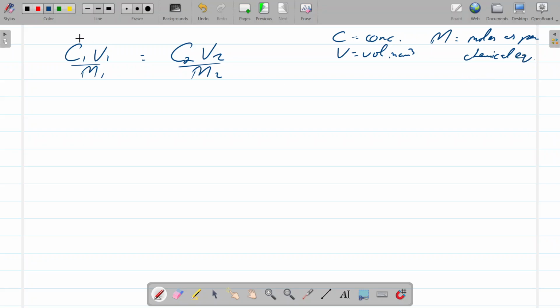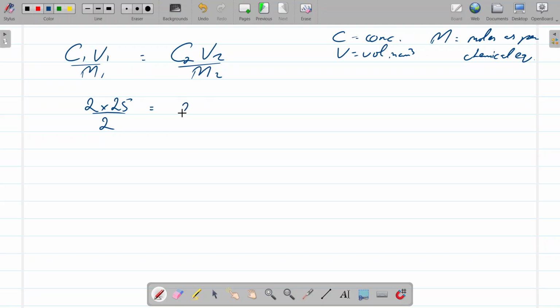We know everything about sodium hydroxide, so let's take that. The concentration of sodium hydroxide is 2 moles per dm³. So that's 2 times the volume, 25 cm³, and the number of moles according to the chemical equation is 2 NaOH, so upon 2.